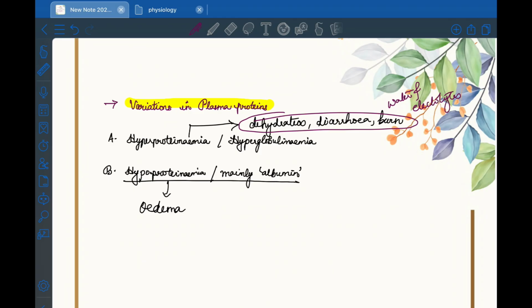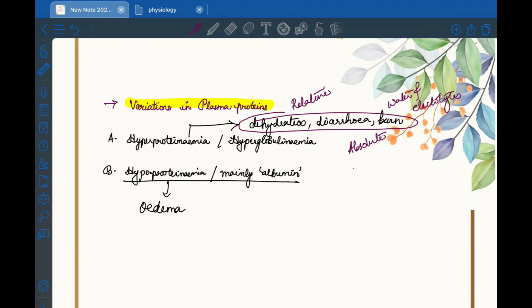In such cases, there is hyperproteinemia. That is, there is a saturation of the plasma proteins, thereby increasing the values of plasma proteins in the blood. But water is gone, the electrolytes are gone, so that leads to an increase in the plasma proteins. This is what is known as relative hyperproteinemia. There is also something known as absolute hyperproteinemia.